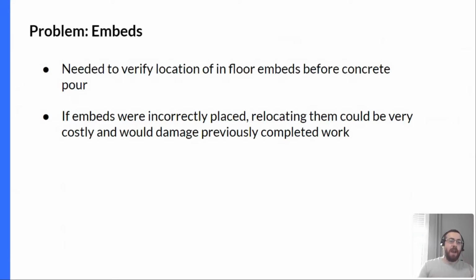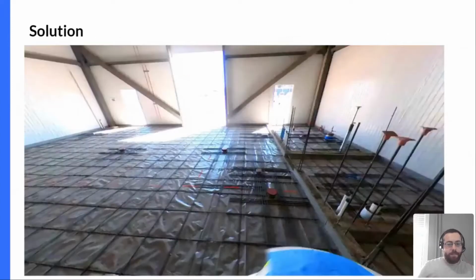And not only are you redoing work and adding extra work, you're also damaging previous work by having to drill into that concrete and relocate these items. This was something that the ESI Group encountered and was able to resolve, and Will can go into a little bit more detail on that.